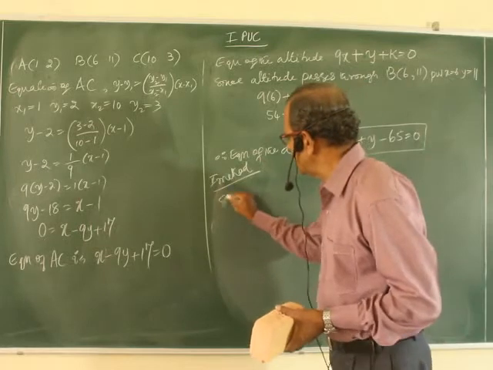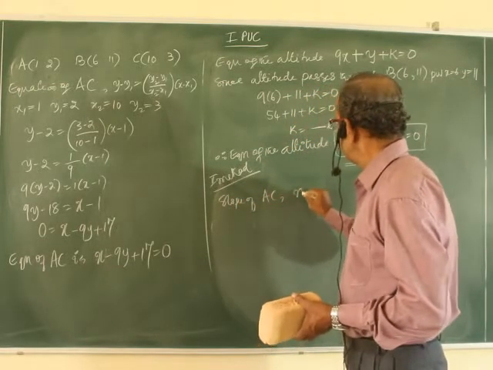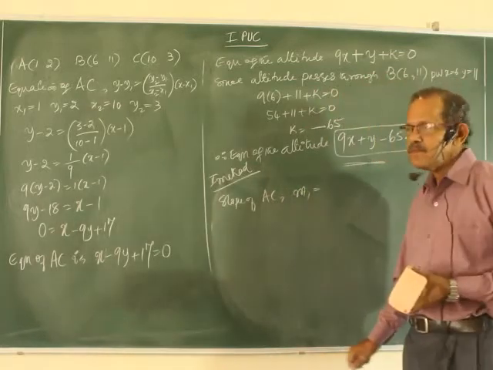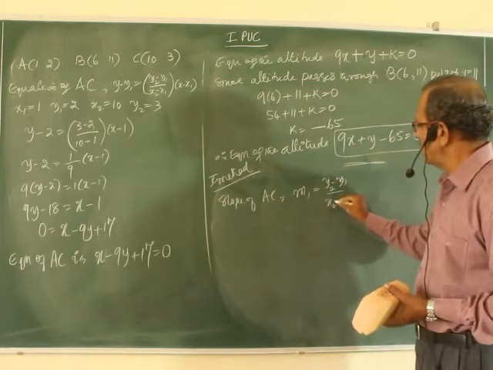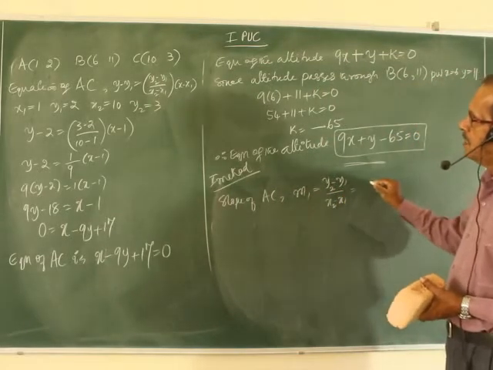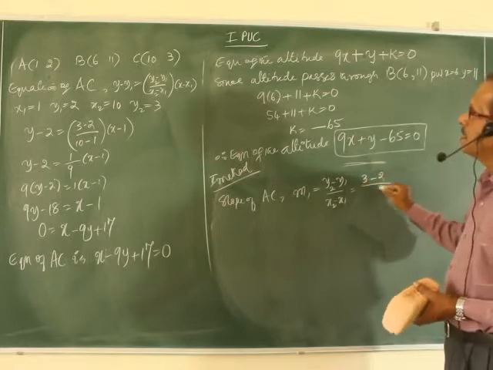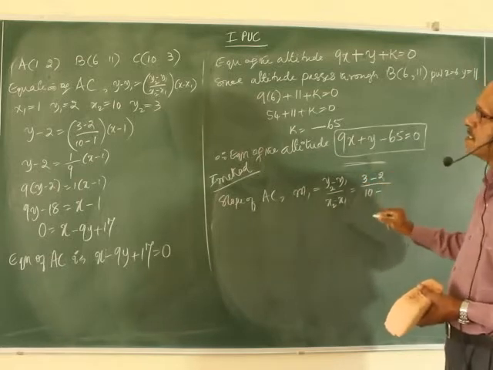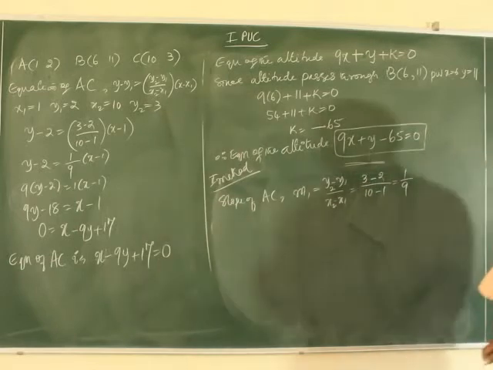See, in this method, slope of AC, m1 equal to (y2 minus y1) by (x2 minus x1), y2 is 3 minus y1 is 2, x2 is 10 minus x1 is 1, so 1 by 9.